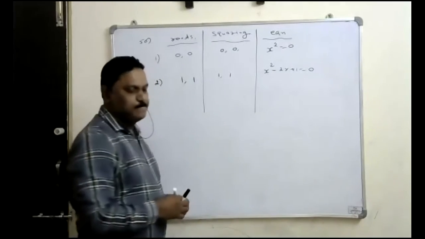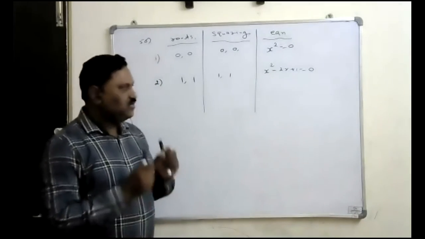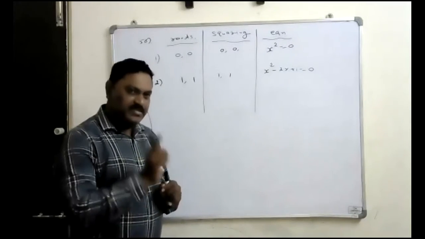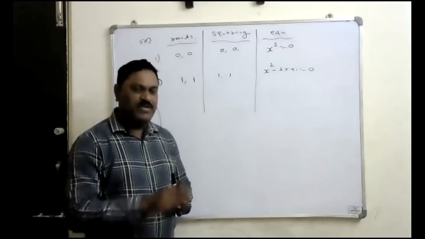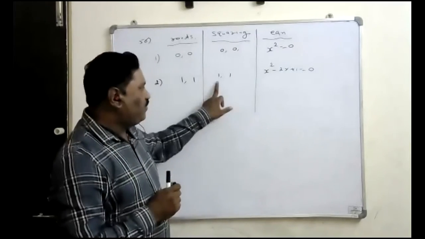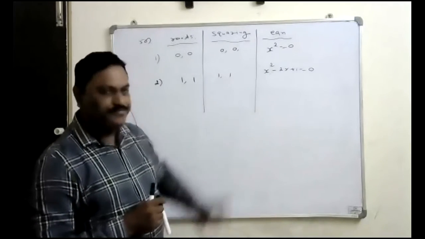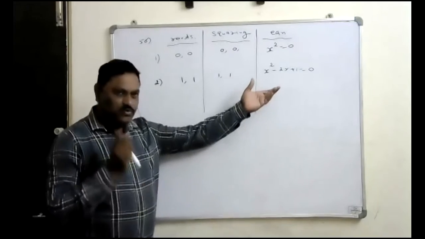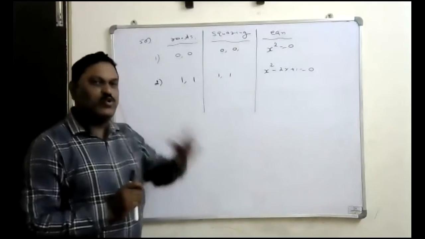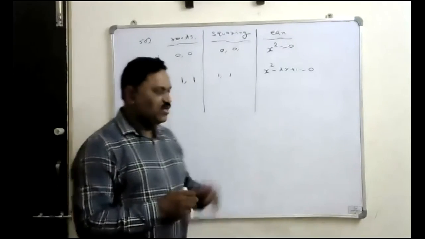Quadratic equation is x square minus sum of the roots into x plus product of the roots equal to 0. 1 plus 1 is 2, 1 into 1 is 1. Even though if I square them, look, the same equation and same roots.